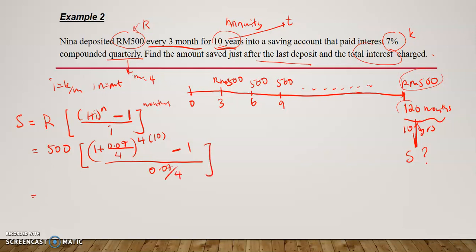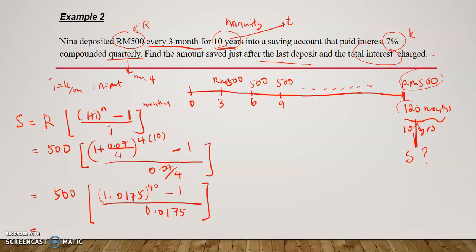Next, simplify: 500 ringgit times 1 plus 0.07 divided by 4 is 1.0175, to the power of 40, minus 1, over 0.07 divided by 4, which is 0.0175.